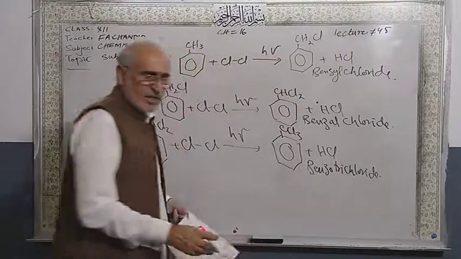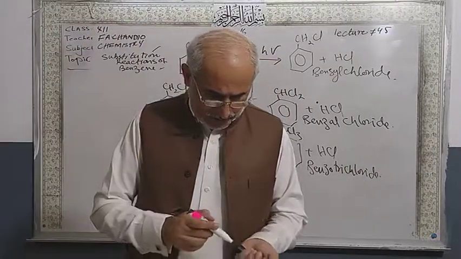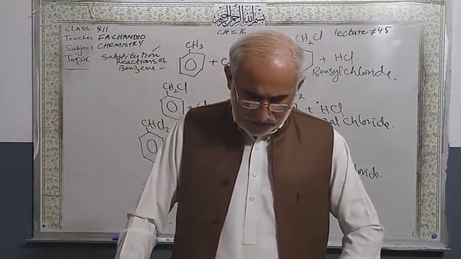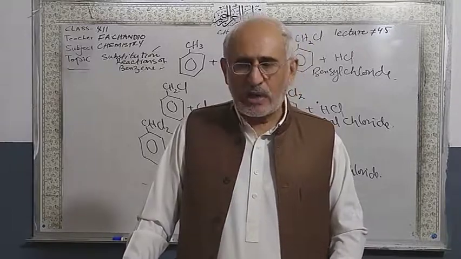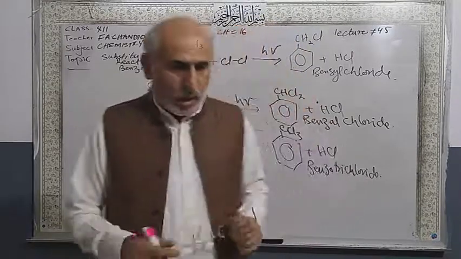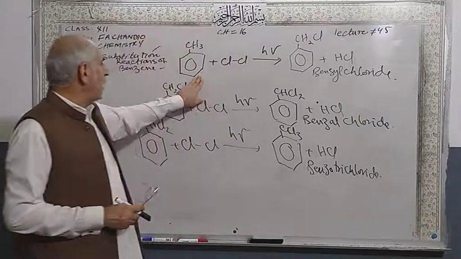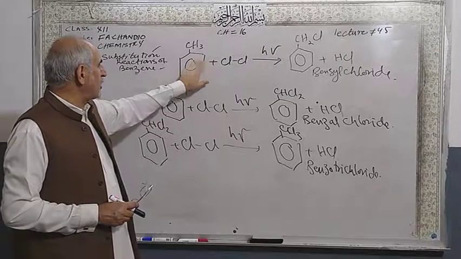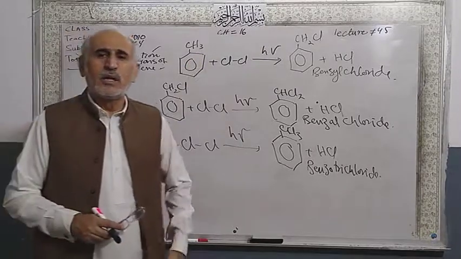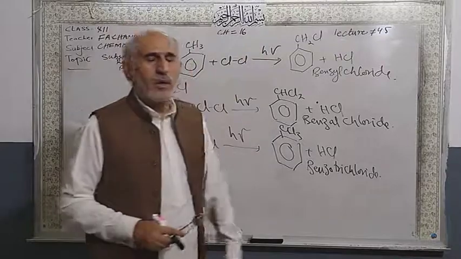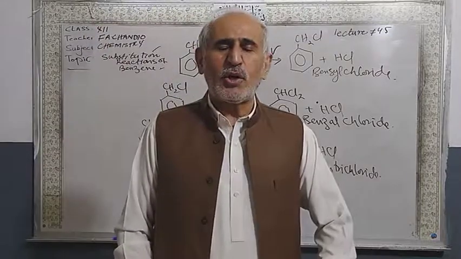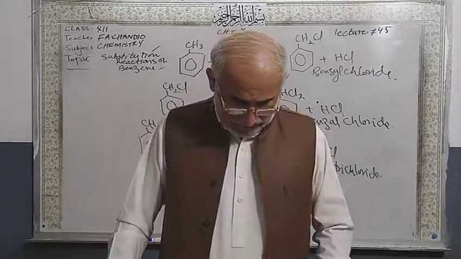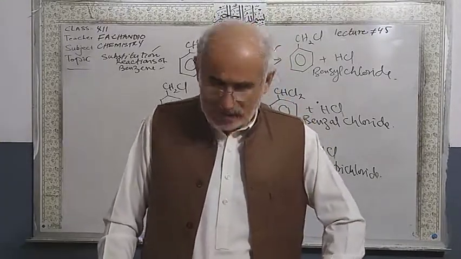So you will get a mixture of these products. When alkyl benzenes are treated with chlorine or bromine in the presence of sunlight, only the alkyl groups are substituted. There is no influence on the electronic cloud, the pi electrons of benzene. In the presence of diffuse sunlight, there will be no influence on the benzene ring. So dear students, this is the substitution of the alkyl group in the benzene.